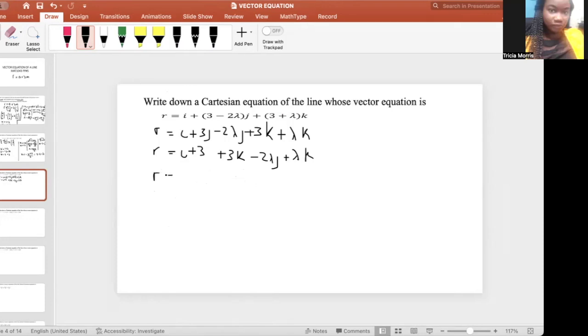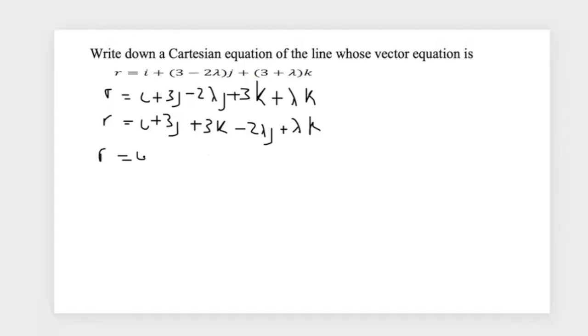And the one that has lambda, you're going to group it together in the end, because that's going to be the parallel vector. Now I'm going to factor out lambda in the last part. So I'm going to have i plus 3j plus 3k, plus lambda factored out, so you have minus 2j plus k remaining, and that represents the parallel vector.